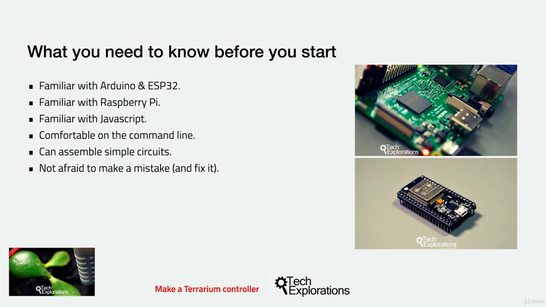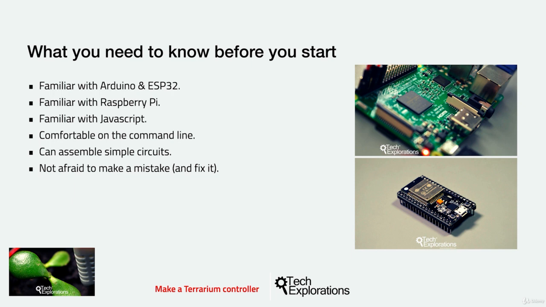Last, what do you need to know before starting this project? To complete this project, you do need to be comfortable with a few technologies, and I have listed the minimal knowledge requirements in this slide. If you are watching this video, chances are that you are ready. In short, if you completed my two other courses, ESP32 for Busy People and Raspberry Pi Full Stack, then you are ready to start with this new project and challenge.